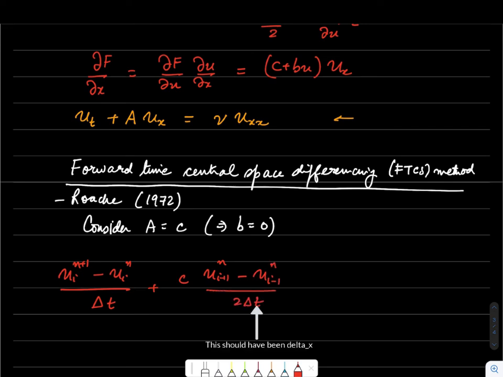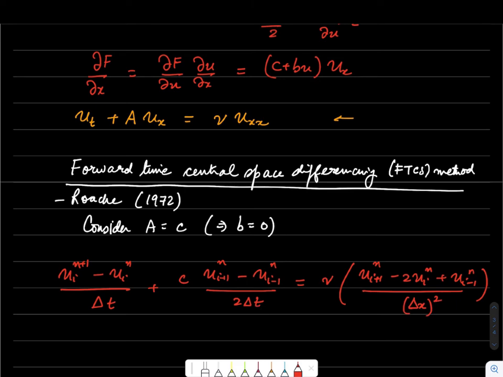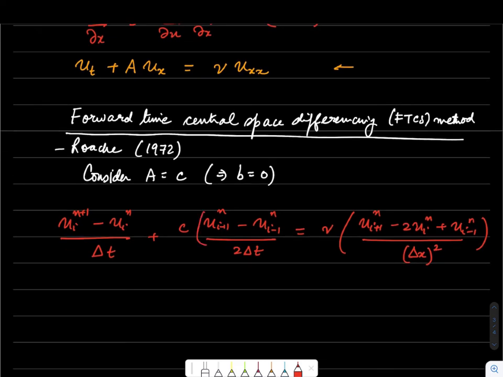It is central differencing in space, so that's how the convected term will look like, and the diffusion term will be nu times (u_{i+1}^n minus 2 u_i^n plus u_{i-1}^n) by delta x squared. The truncation error for this scheme is order delta t, delta x squared. That is easy to see.